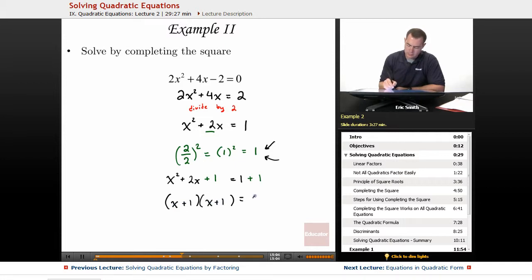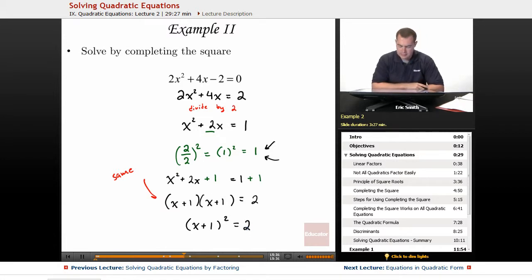On the right side, we just get a 2. Now, if you do add the correct number to both sides, these factors will always be the same. If they're not the same, then go back through and check your work, make sure you didn't make a mistake. But they will always end up being the same. So we're going to write this as x plus 1 squared.